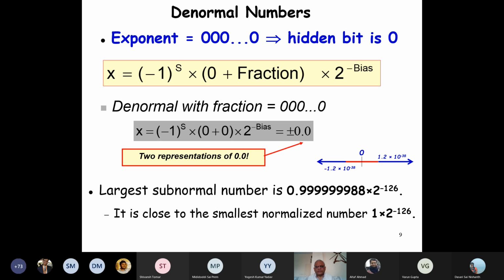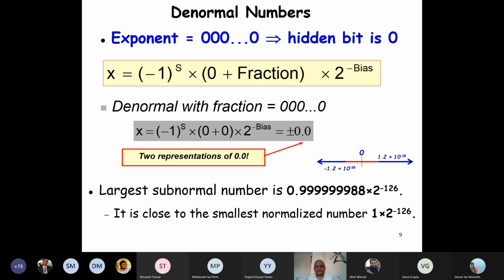So if we have the fraction also 0, then it becomes 0 plus 0, and the sign bit, and depending on whether the sign bit is 0 or 1, we have two representations of 0.0. Don't really need it, but that's the way it is, plus 0.0 and minus 0.0.